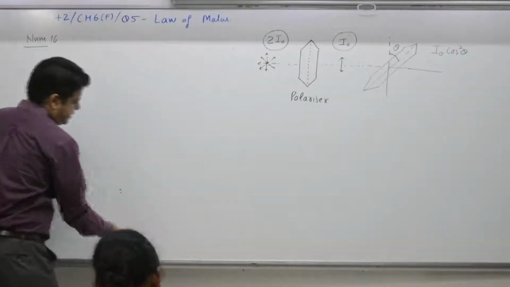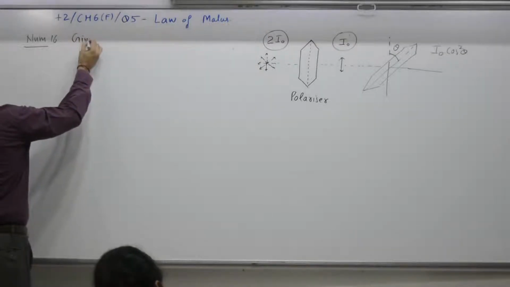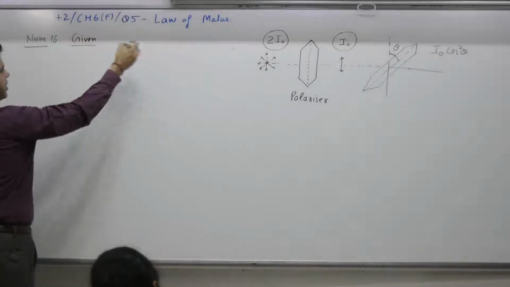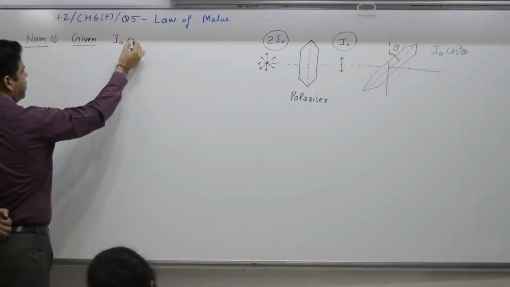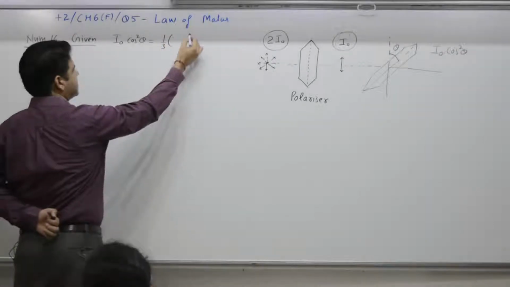Numerical number 16. Question: at what angle should the axis of two Polaroids be placed so as to reduce the intensity of incident unpolarized light to 1/3? Given: output intensity I naught cos square theta is 1/3 of what?